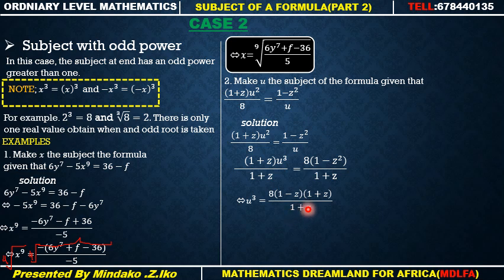So this 1 plus z will cancel with this other 1 plus z. Okay, and at the end of the day, we have u cube being equal to 8 times 1 minus z. So we just take the cube root on both sides, and therefore u equals the cube root of 8 times 1 minus z. So that is our u.